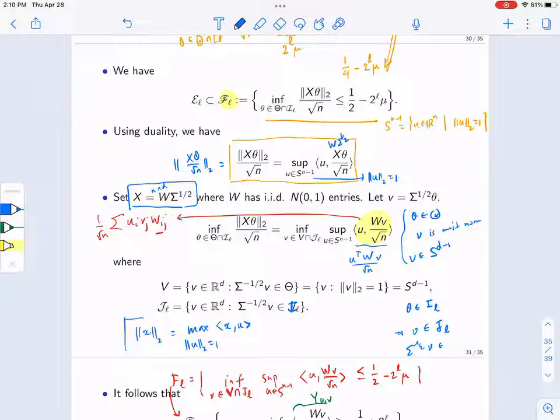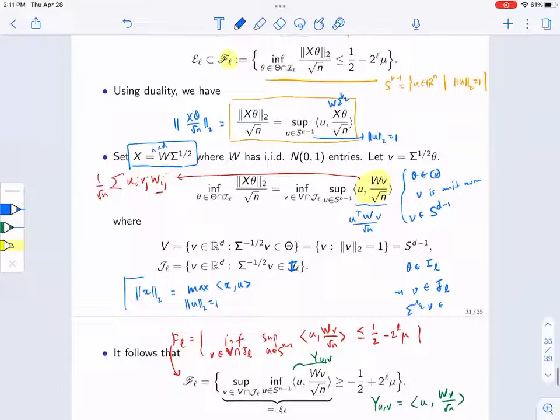So now if you plug everything back in, you get the inf and then sup over u of u^T W v over root n. V has a certain set in which it lies, because I know that theta has to be in capital Theta. So Sigma^(-1/2) v has to be in capital Theta, and also Sigma^(-1/2) v has to be in I sub L.